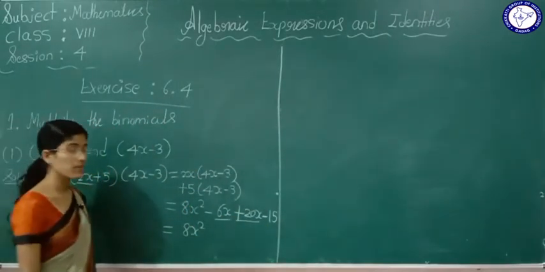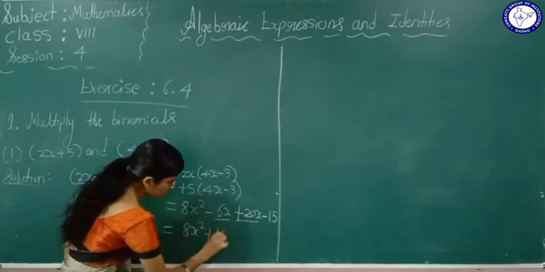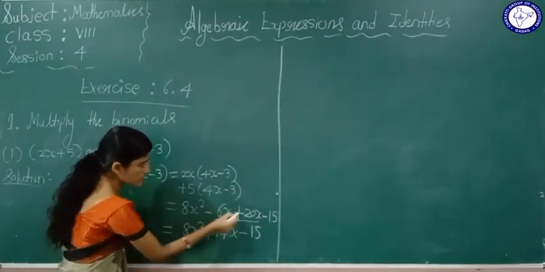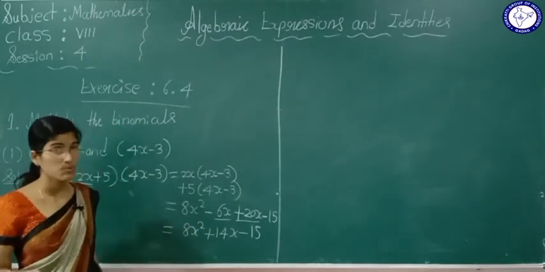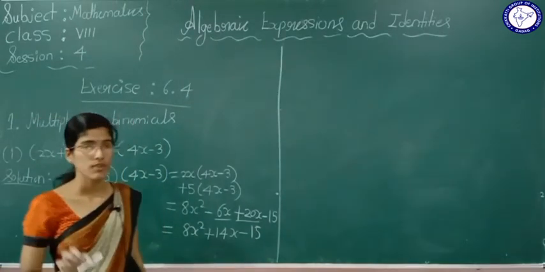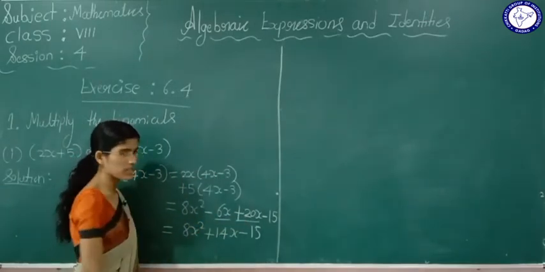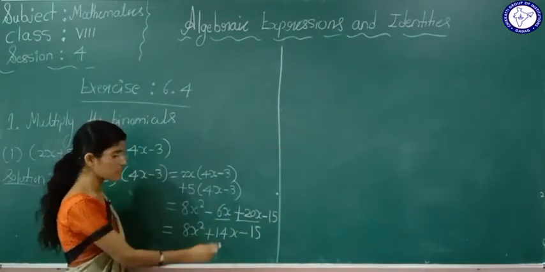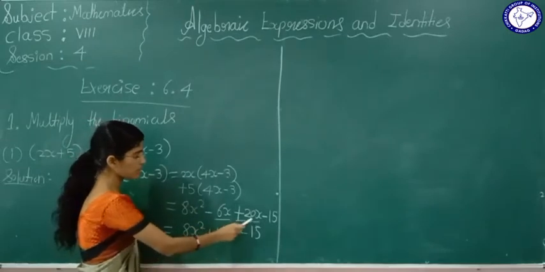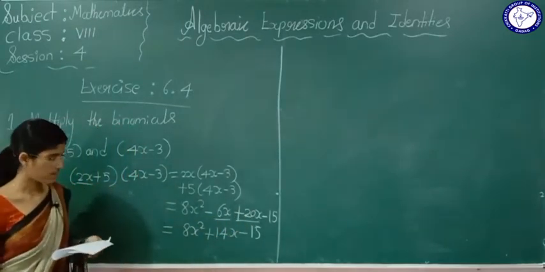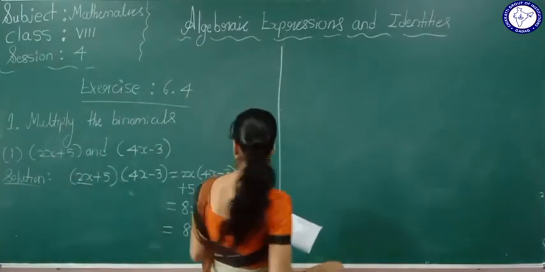It will be plus 14x minus 15. Now see students, minus plus is minus. Whatever sign we have, that operation we have to perform here. Minus plus is minus. That is 20 minus 6 is 14. So which is the bigger number here? 20. 20 is plus and therefore you have to put here plus sign. Okay. So this is about the first one.